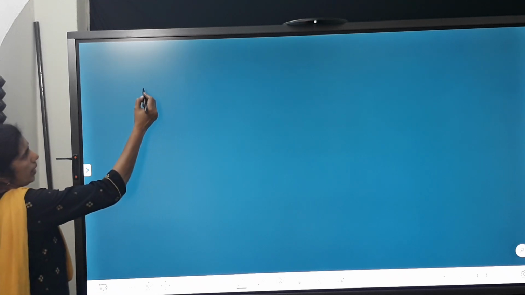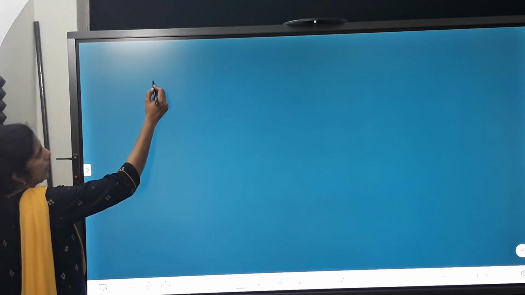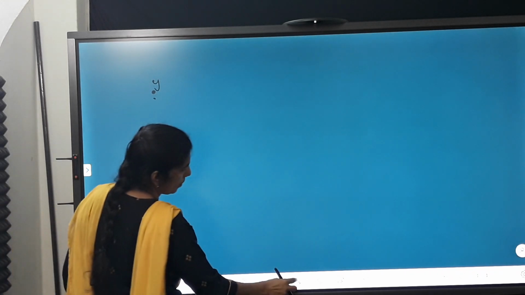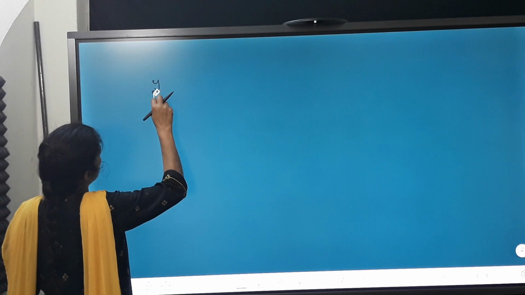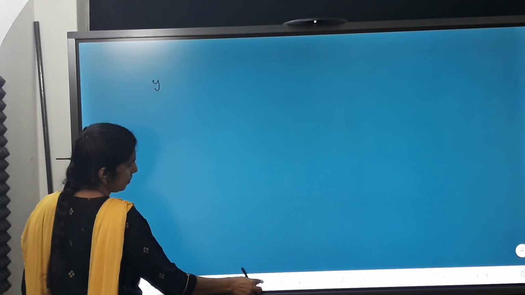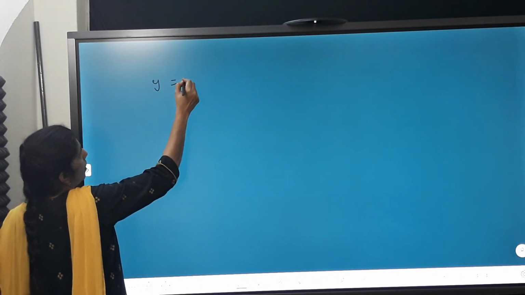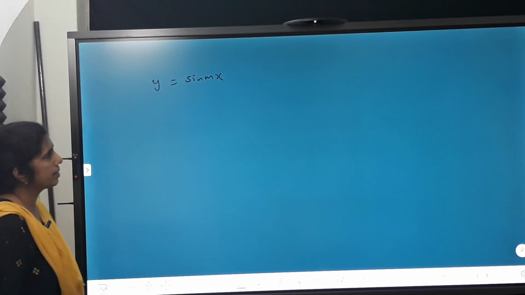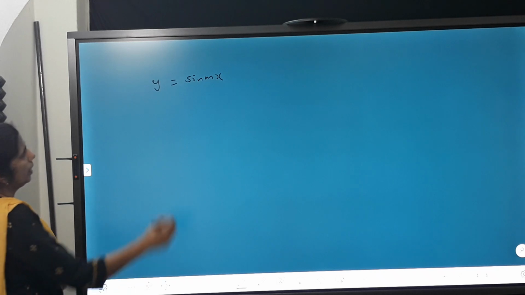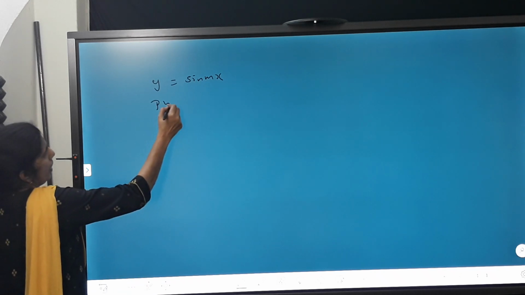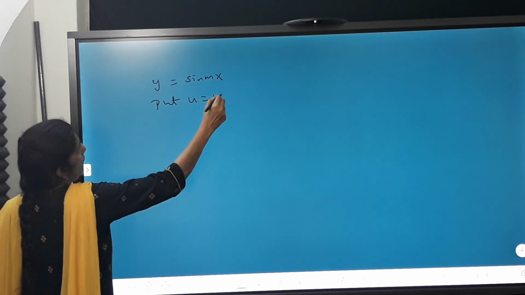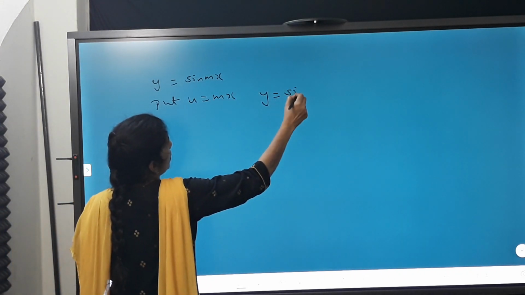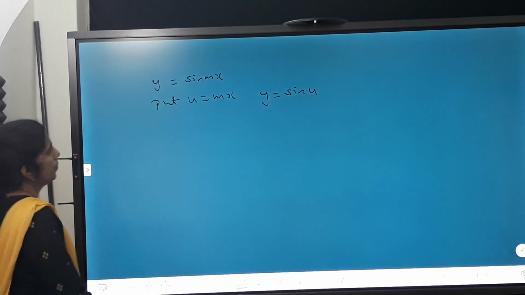Now, there are two important results that we can get from here. Look at the function y is equal to sin mx. Here, if we put u equal to mx, then y is equal to sin u.